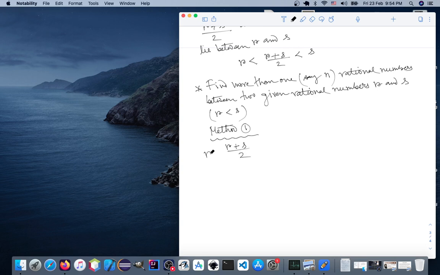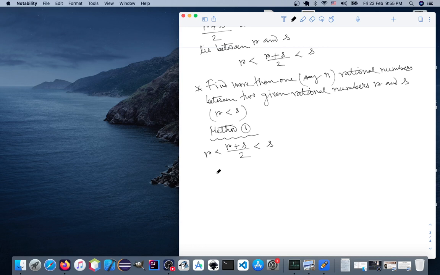So we are given R and S. From that we get R plus S by 2, which will be a rational number between R and S. So we found one rational number between R and S. Now obviously R plus S by 2 is less than S. So again we can find another rational number between R plus S by 2 and S using the same result.